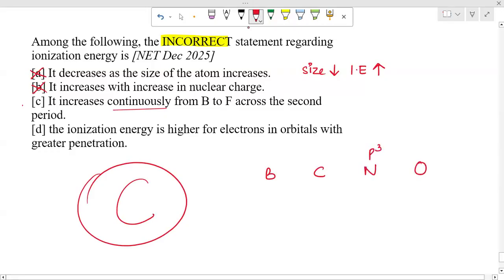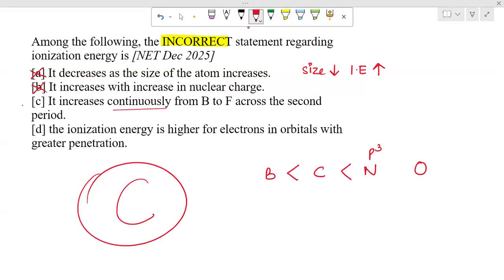This is half filled. So carbon is greater than boron, nitrogen is greater than carbon. But if you compare nitrogen and oxygen, nitrogen is greater. So it's not continuously increasing. It is increasing as a general trend. That's all. So C is incorrect.